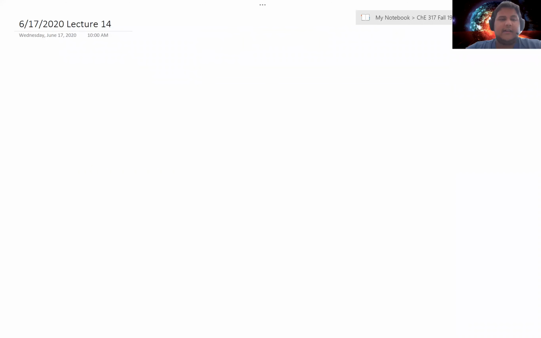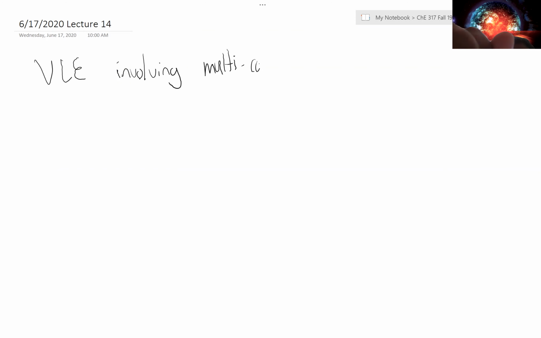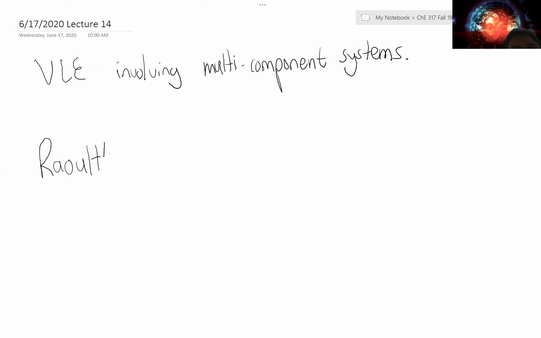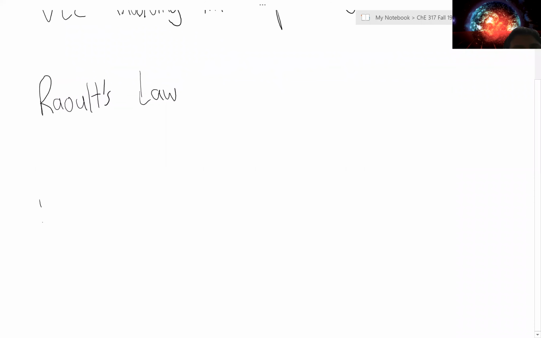So, recalling from our discussions yesterday, when we were looking at vapor-liquid equilibrium involving multi-component systems, we had a couple of expressions to fall back on, looking at Raoult's law and Henry's law.